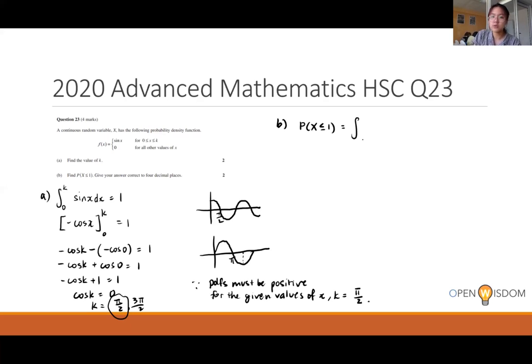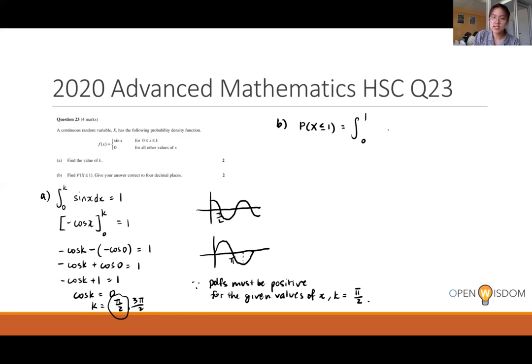It's the value of 1 or values less than 1, and we can't go past 0 because that is the smallest value this PDF is valid for.